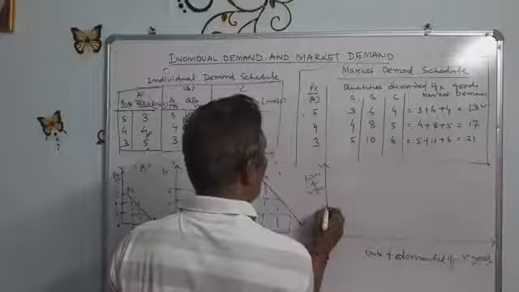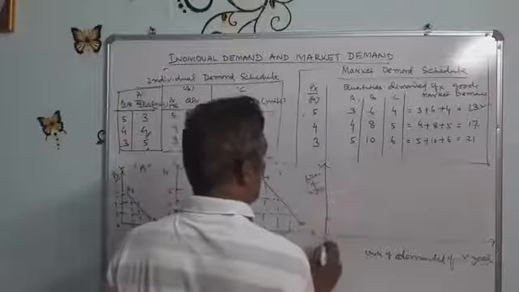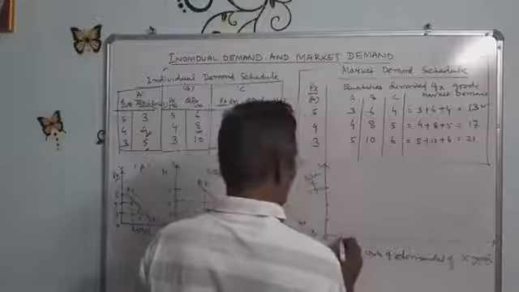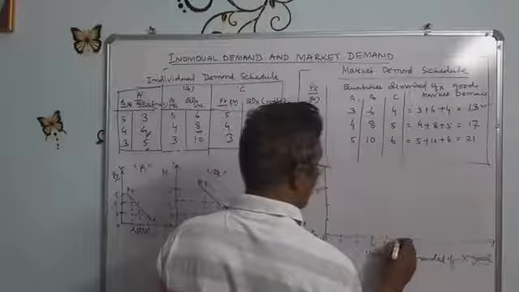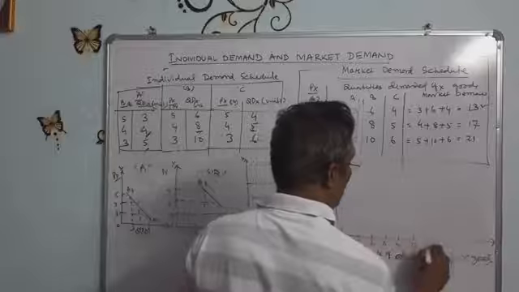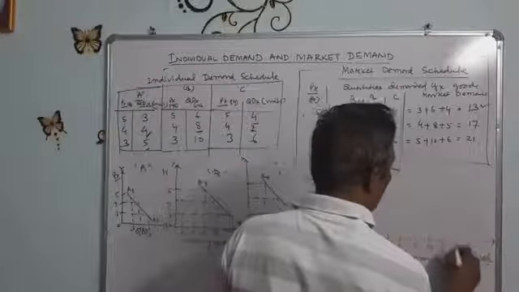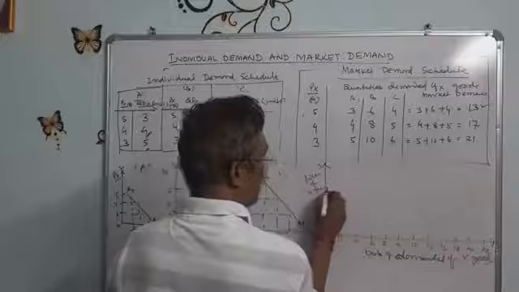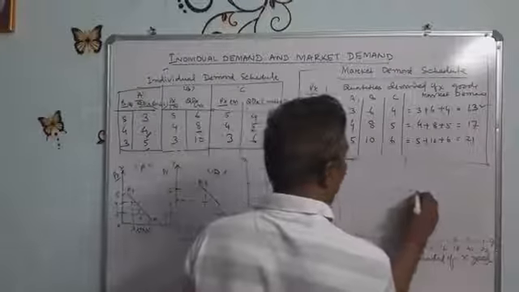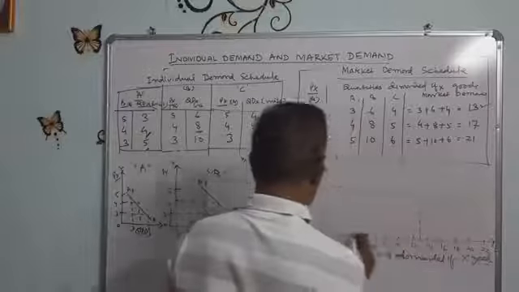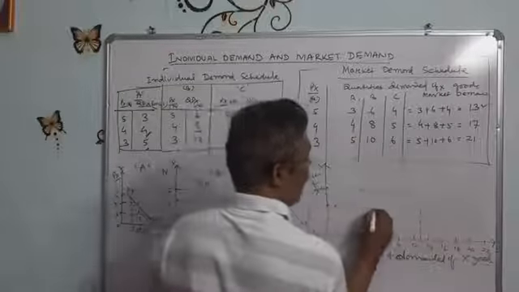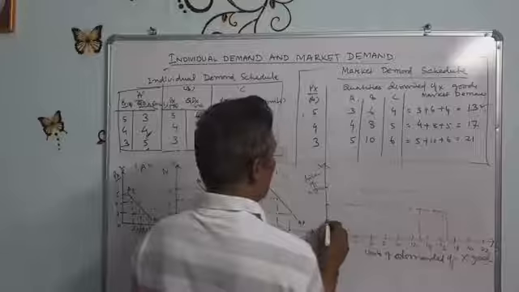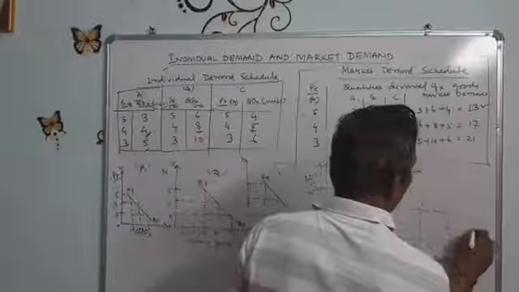At 5 rupees, 13 units; at 4 rupees, 17 units; and at 3 rupees, 21 units.